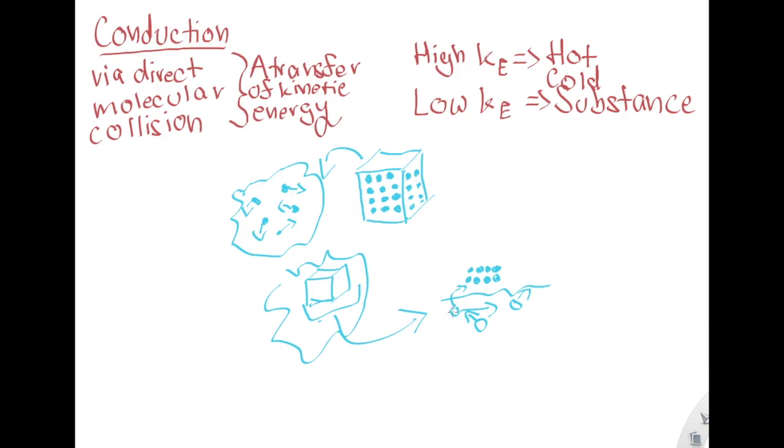So when this molecule bumps into an ice molecule, energy from this is transferred into here, and this guy is going to break free. He's now free, and now he's moving around. He's going to hit other molecules, and now his kinetic energy increases. So that's conduction.